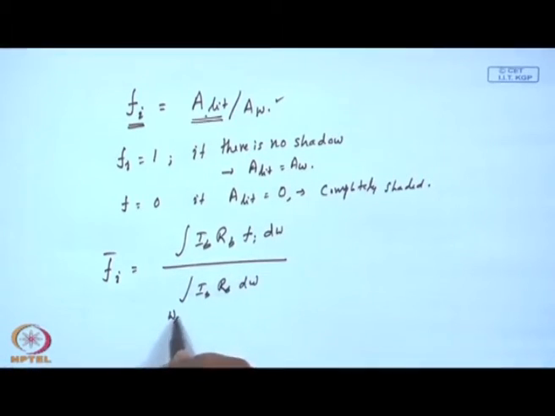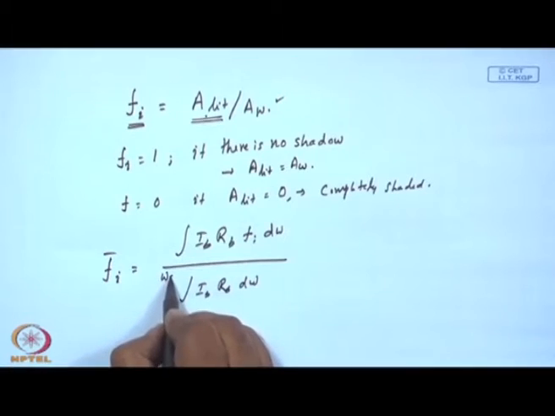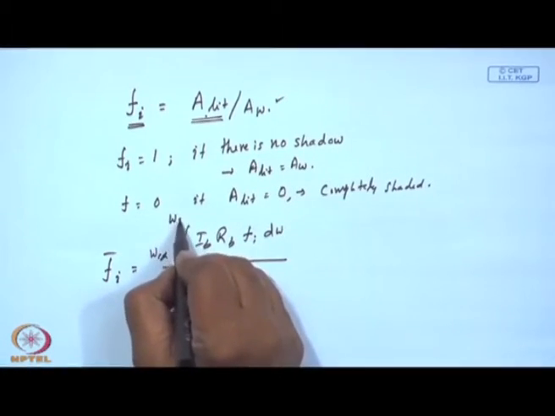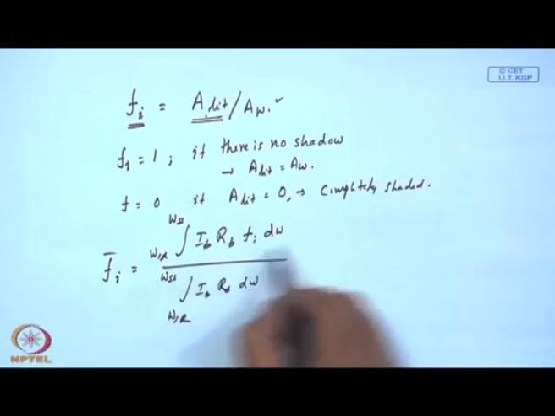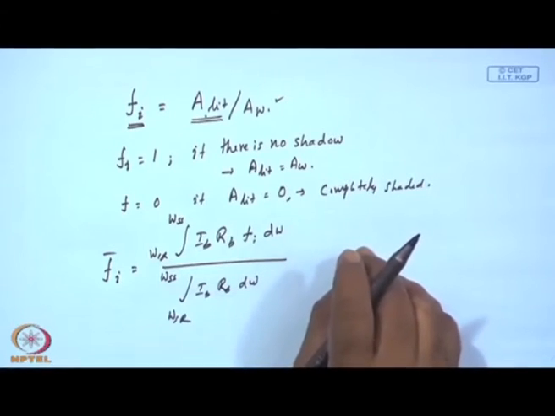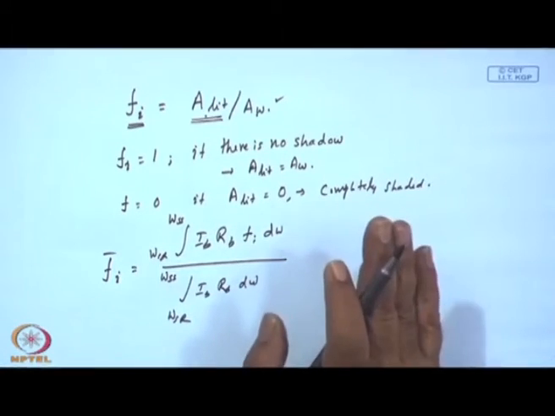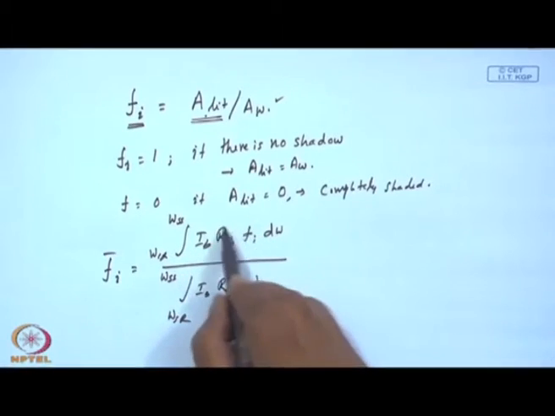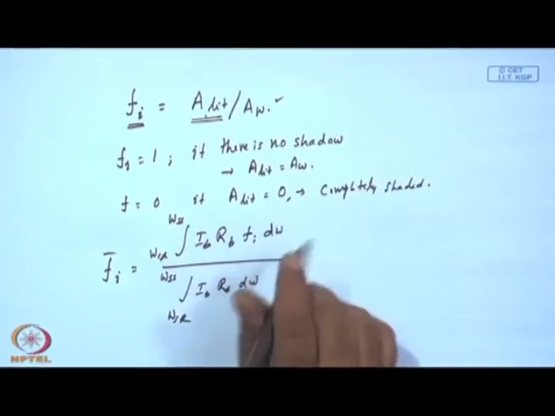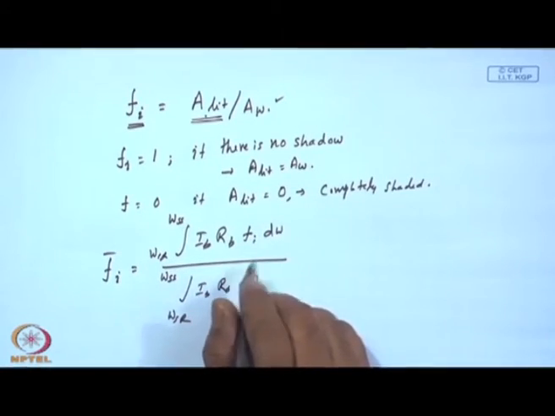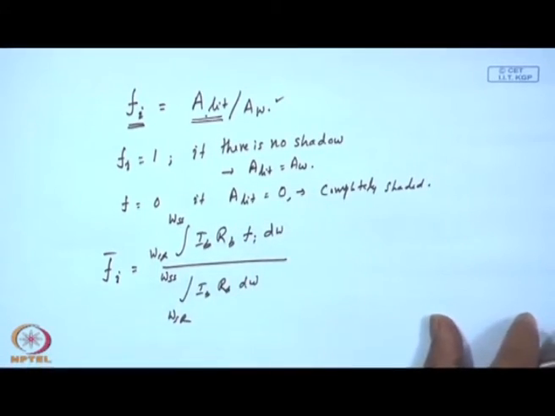This in general will be integrated from omega Sr to omega Ss. The numerator represents the solar radiation falling on the collector, the window surface, with a part being shadowed, and the denominator is the radiation that the window would have received if there were no shading at all.